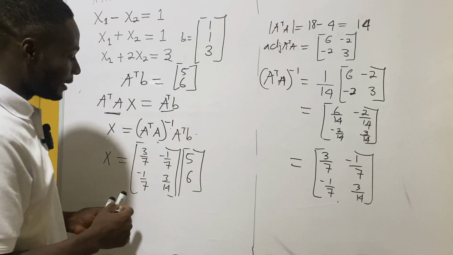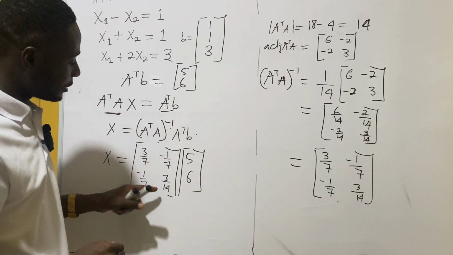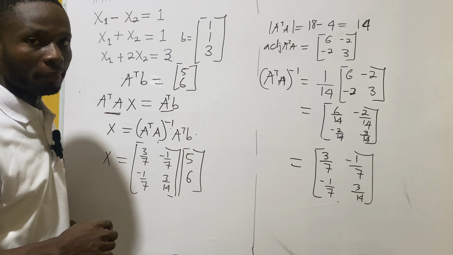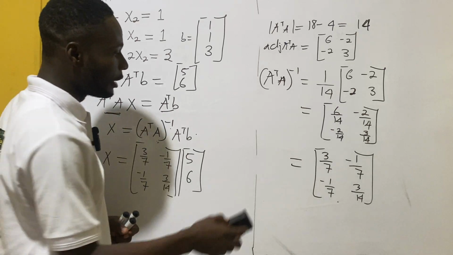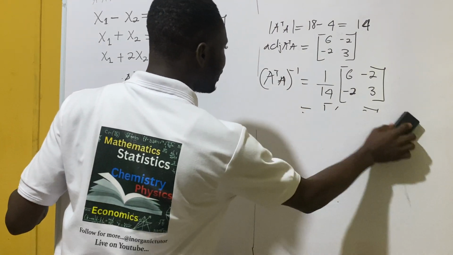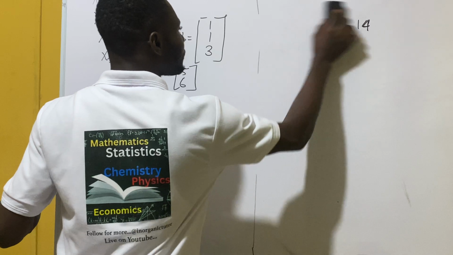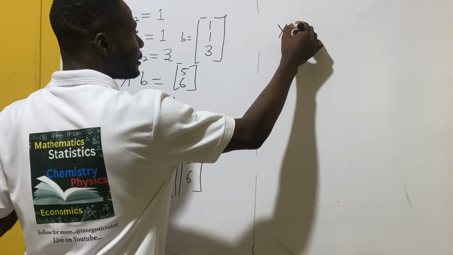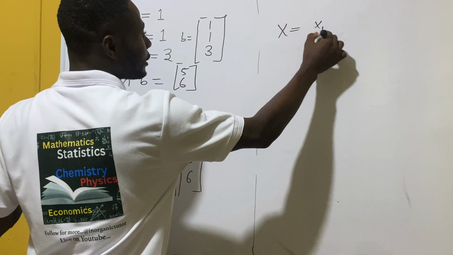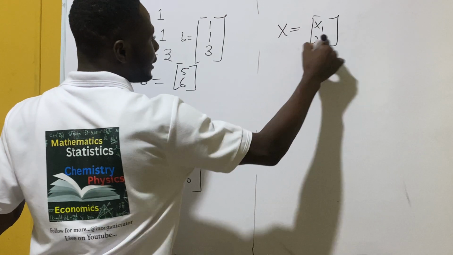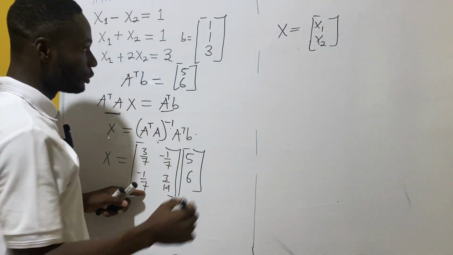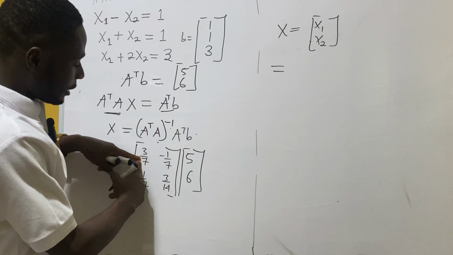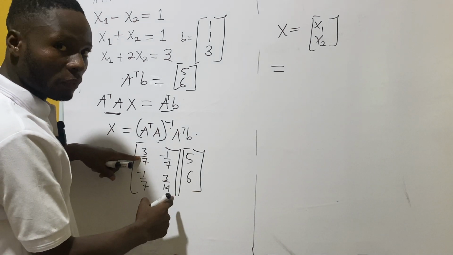So we multiply this 2 by 2 matrix with this column matrix, and we have to get a column matrix. From here, we're going to have our X, which is equal to x1, x2, and this row takes the whole column, right?